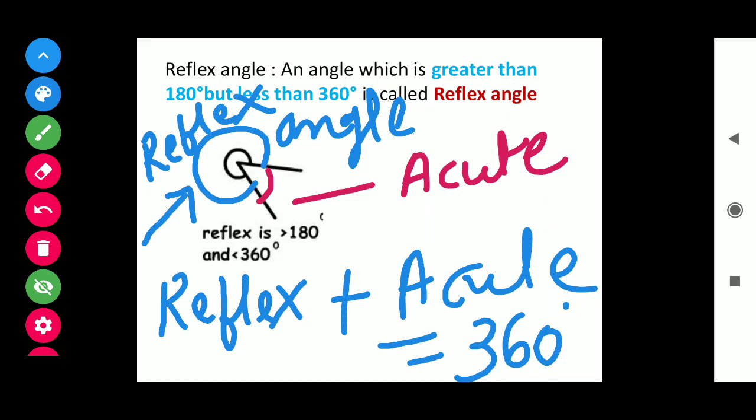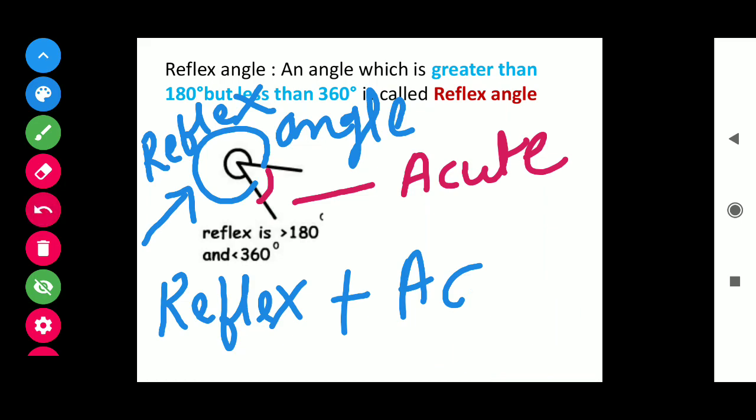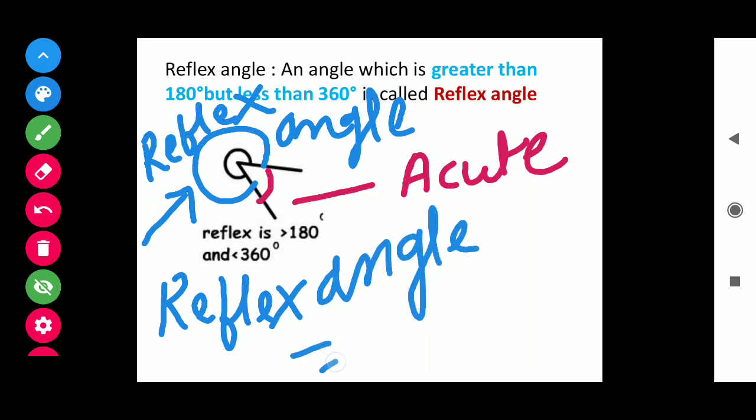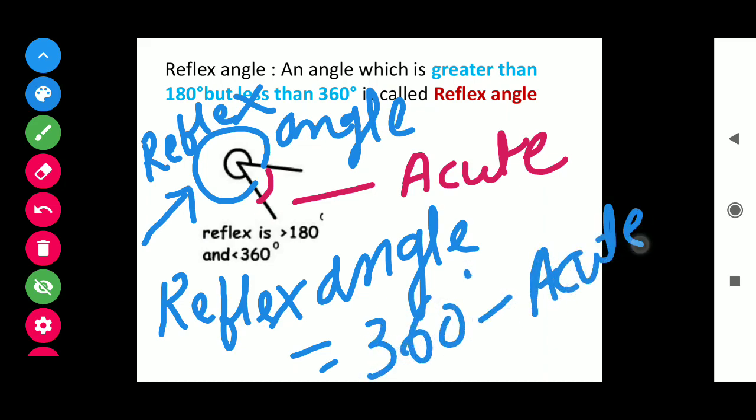Suppose I want to find out measurement of acute angle. So what I have to do? I will do like this. Reflex angle is equal to 360 degree minus acute angle.